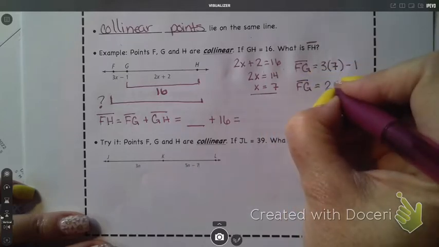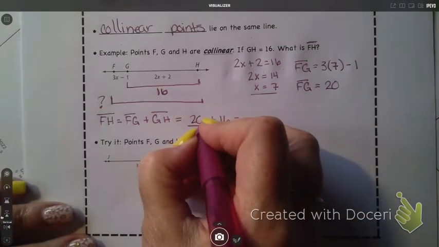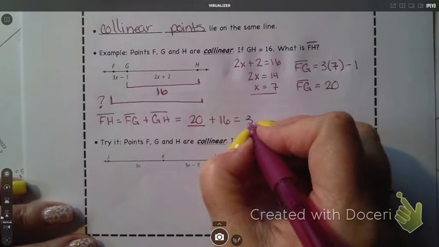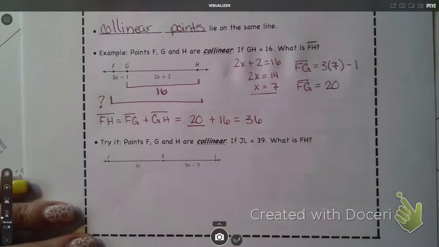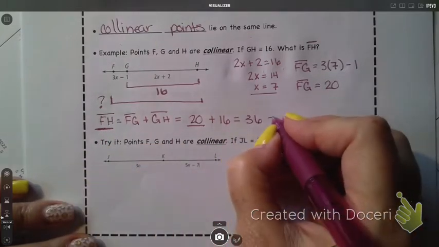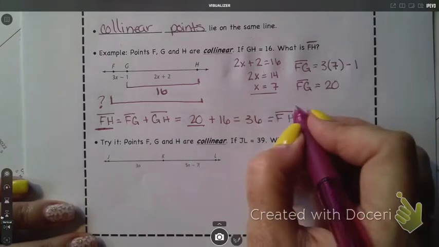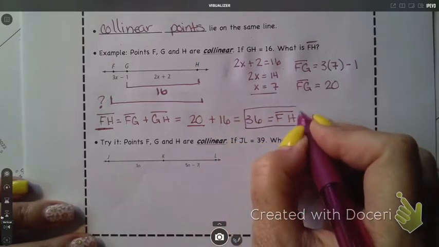If you need to write 21 minus 1, okay. So 20 plus 16 is 36. And I have my FG here, and it equaled 20. And if you want to put it over here so you don't forget what it's equaling, can I put it over here? Yes. Where's my final answer? Right there.